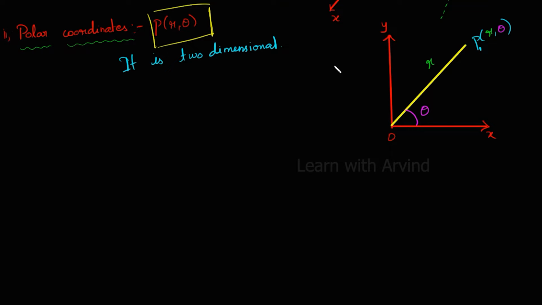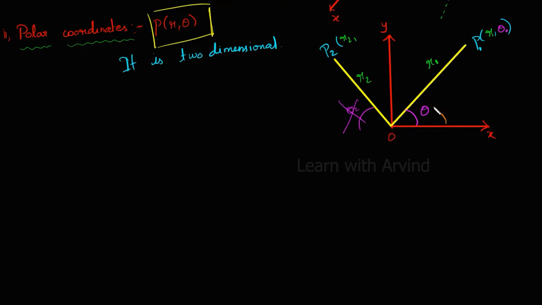Consider another point P2, and let the distance be r2. Let's make this r1 and theta 1. The distance be r2, which makes an angle theta 2. You may think this theta 2 may look like this, but it won't come along the left side.